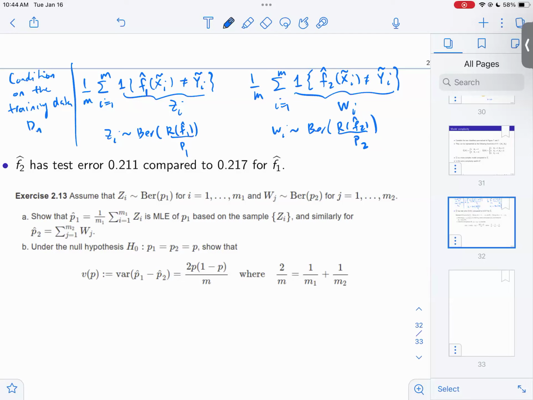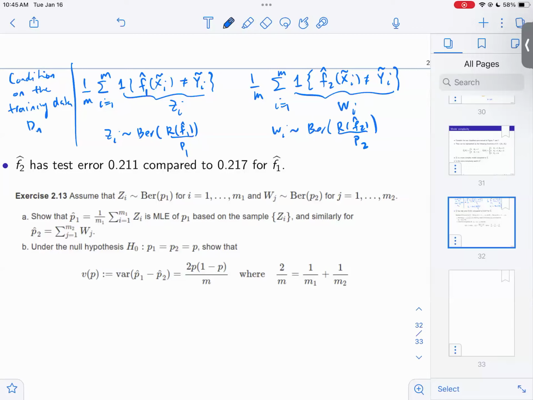My assumption is, let's say, that they're equal. You can also test that p1 is bigger than p2, but let's say I want to decide whether I should reject the assumption that they're equal, that they have the same kind of error.